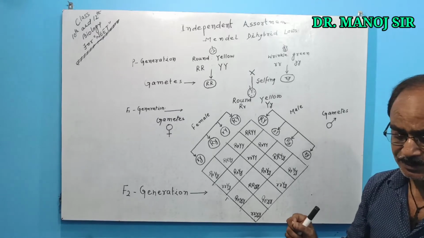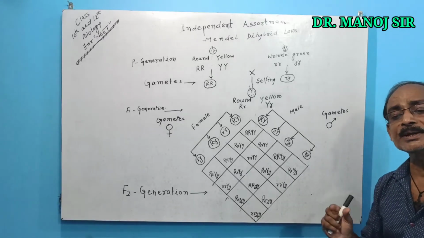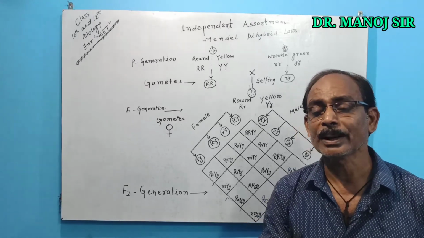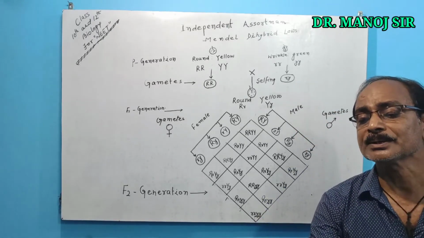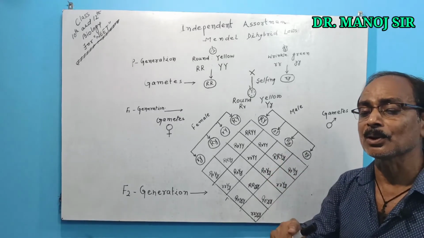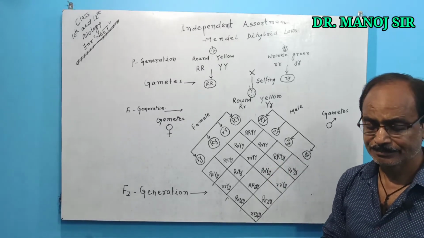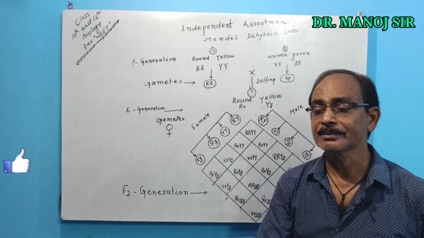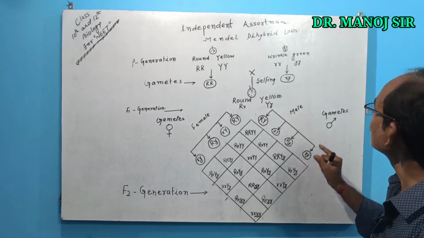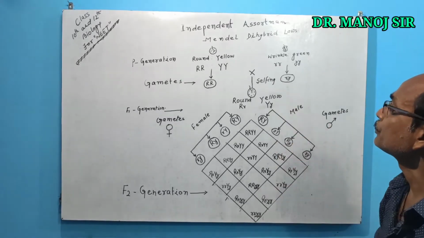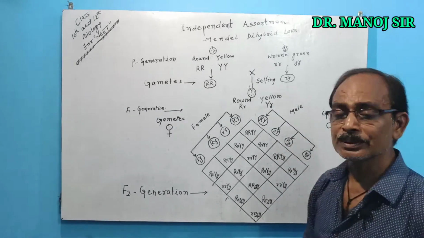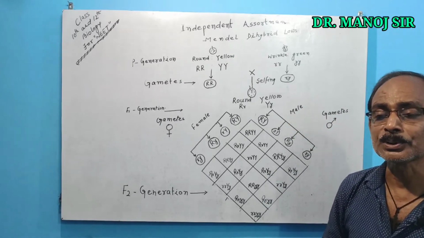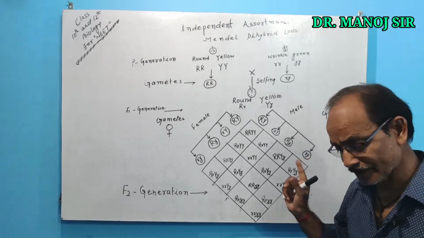Similarly, 1 by 4 green and 3 by 4 round combined to form 3 by 16 green and round, and 1 by 4 green and 1 by 4 wrinkled producing 1 by 16 green and wrinkled.